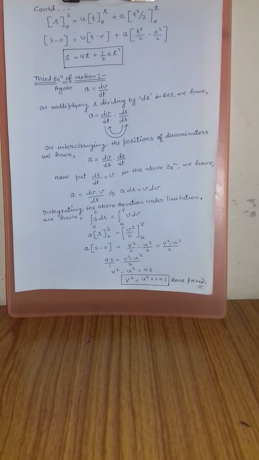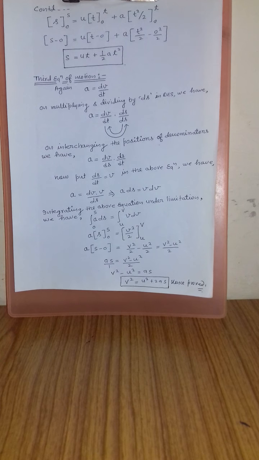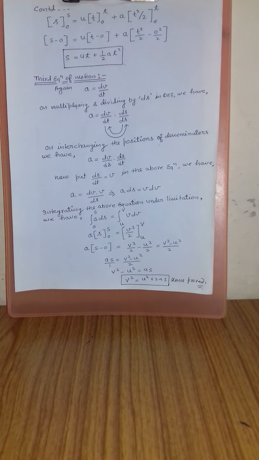Okay, so solving the values, you have a bracket s minus 0 is equal to v square upon 2 minus u square upon 2, which gives you v square minus u square upon 2. Okay, a s upon 1 is equal to v square minus u square upon 2. Okay, on doing cross multiplication, you have v square minus u square is equal to 2as, and finally you have v square is equal to u square plus 2as.